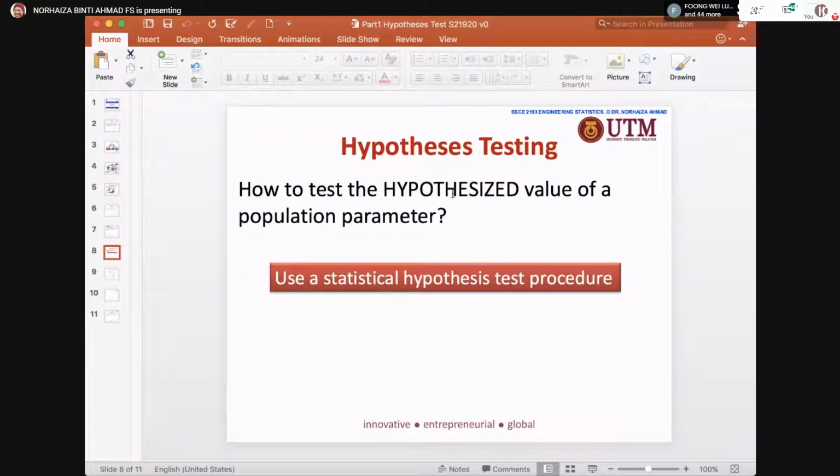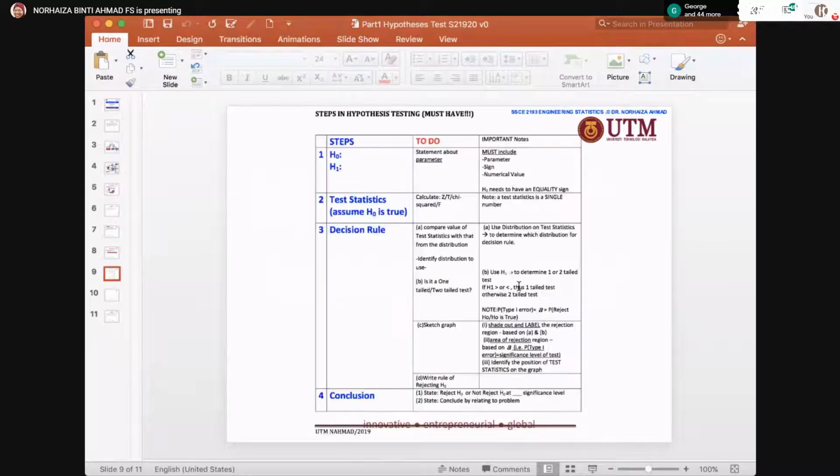So how to test the parameter is by using the statistical hypothesis test procedures. These are the procedures. Number one, you need to define your hypothesis.